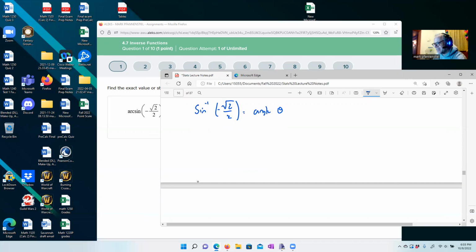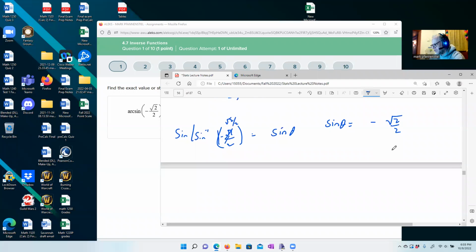So if I go ahead and take the sine of both sides, it's not exactly right, and you'll see why in a minute, but it's important to see it. This is equal to the sine of theta. So the sine of what angle is equal to root 2 over 2?